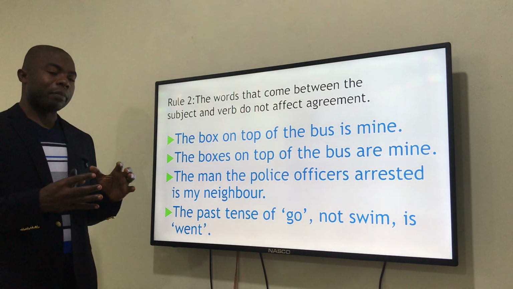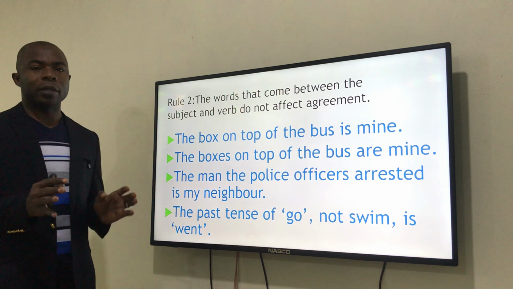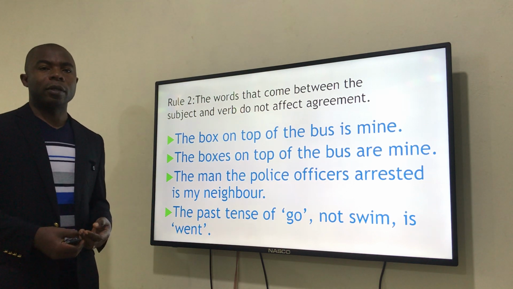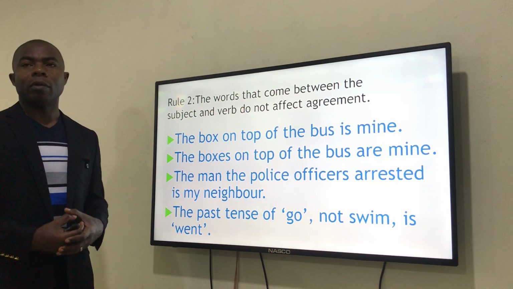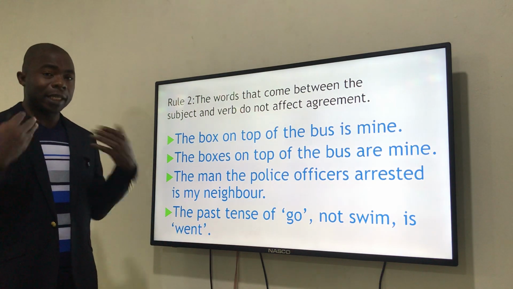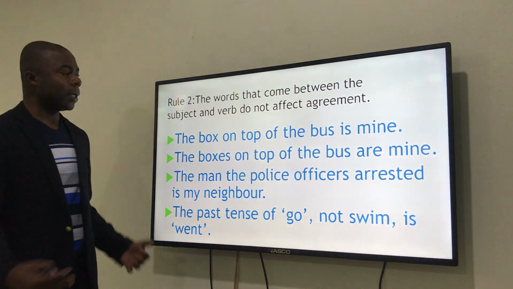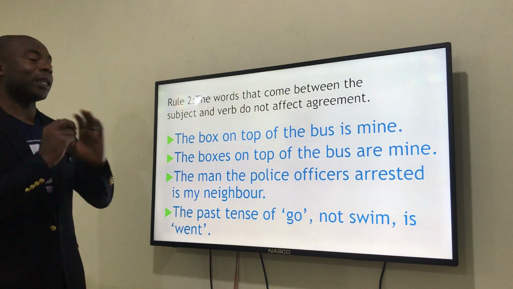When you see words that come between the subject and the verb, they do not affect agreement. It's like the clothes you wear. Whether you wear a jacket or a swimsuit or kaba and slit, it doesn't change who you are. You're the same person, just that your clothes are different. By the same fashion, the words that come between the subject and the verb do not affect agreement.